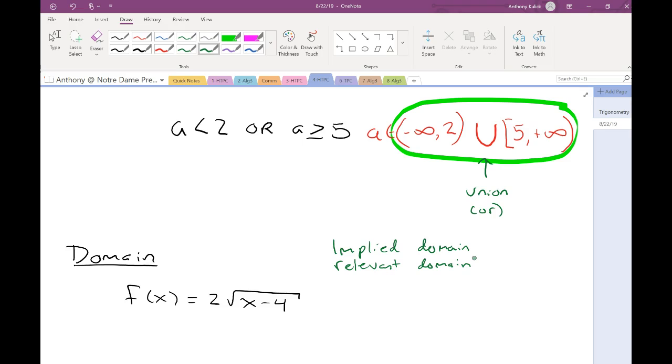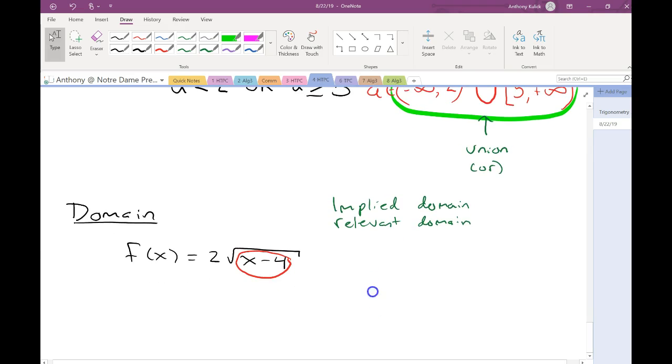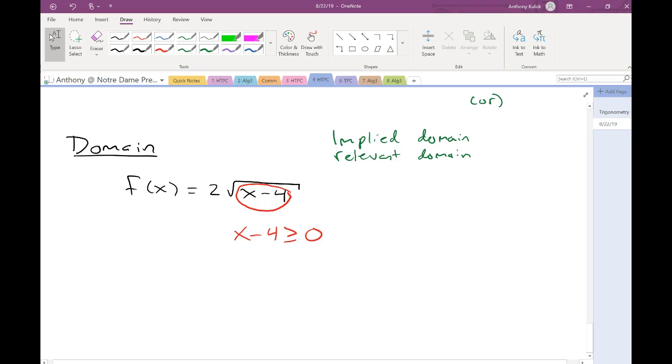Everybody agree with that? So the way that I'm going to think about that is I'm going to take the stuff that's underneath the radical, and I just need to make sure that that's non-negative. So I just need to find the x's such that x minus 4 is greater than or equal to 0. Because anything else, I would be square rooting a negative, and that's not relevant to the context of this problem.